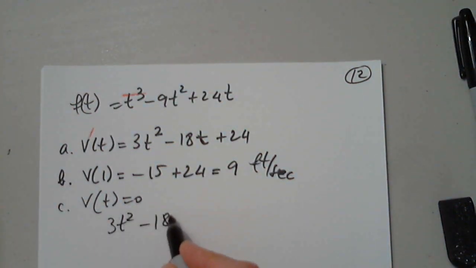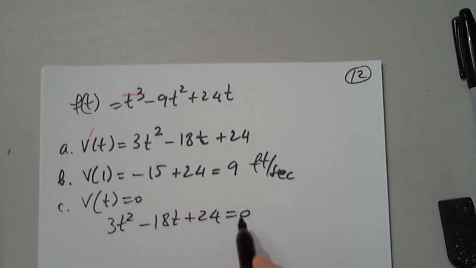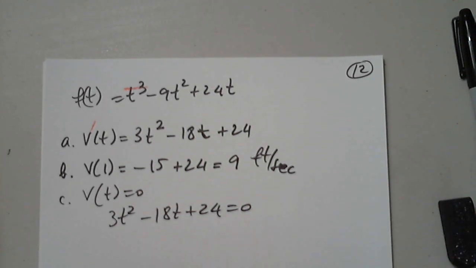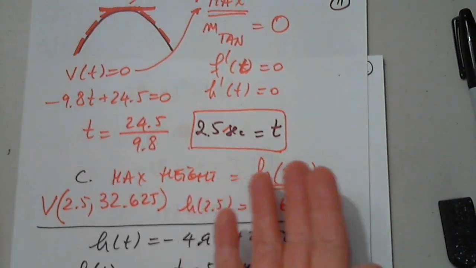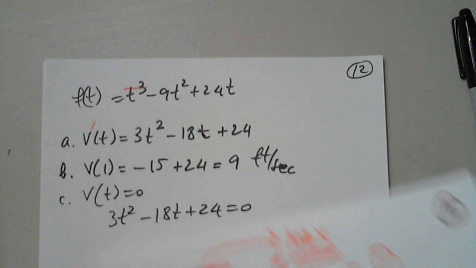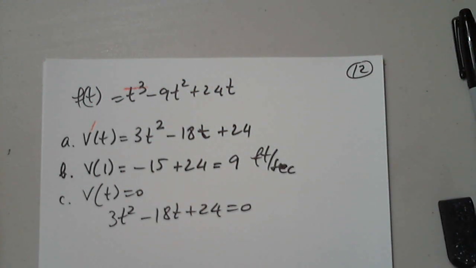So here's v of t: 3t squared minus 18t plus 24 equals 0. What can we do here to simplify it? I did not say this in the previous situations because the numbers were so weird that there was no point in even discussing that. But here I can. Can we simplify this in any way?